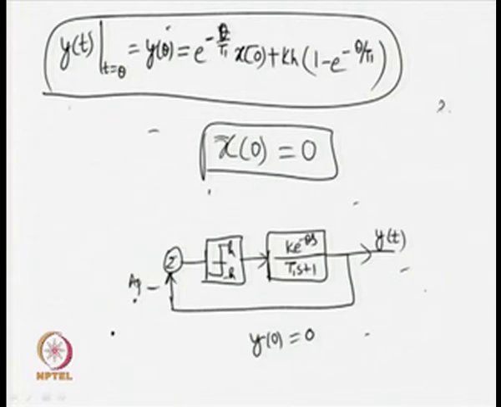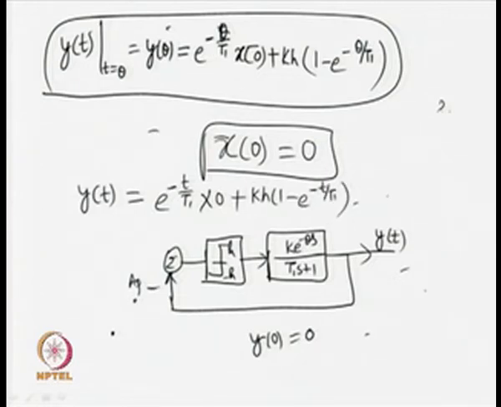Then the output waveform can be given by y(t) is equal to e to the power minus t upon T1 times 0 plus Kh times 1 minus e to the power minus t upon T1. This is the expression for the output waveform of a first order plus time delay system for the time range 0 to theta.